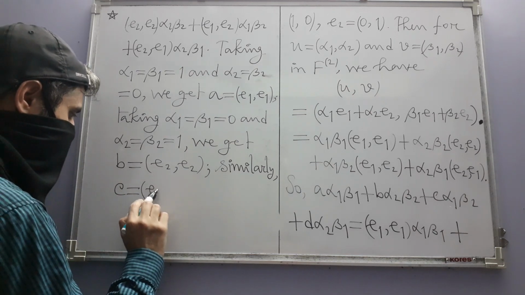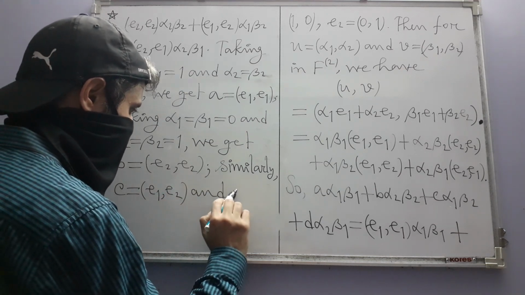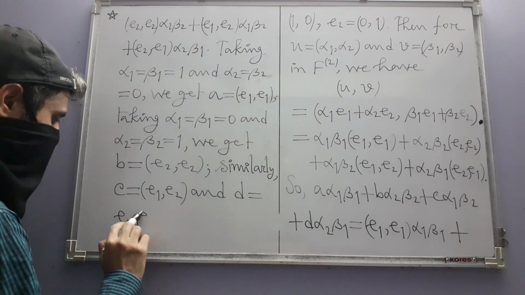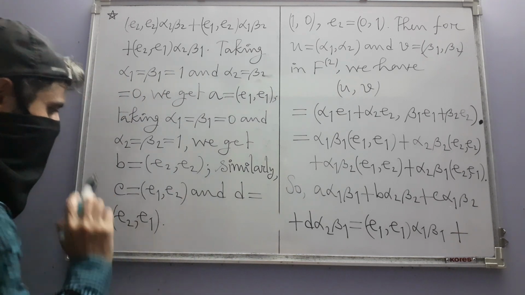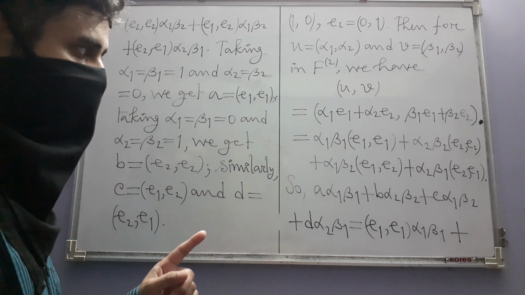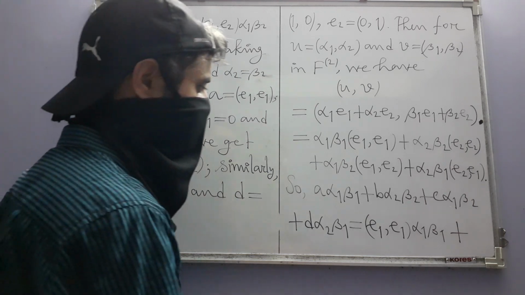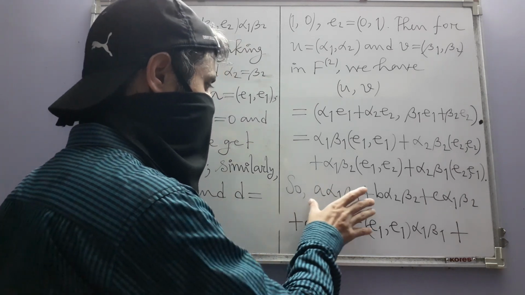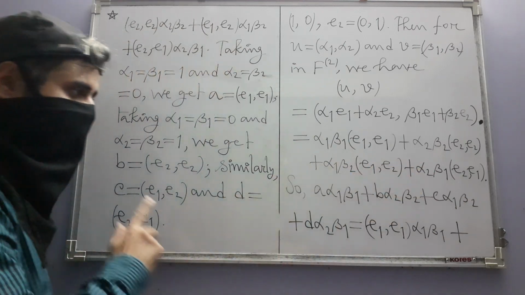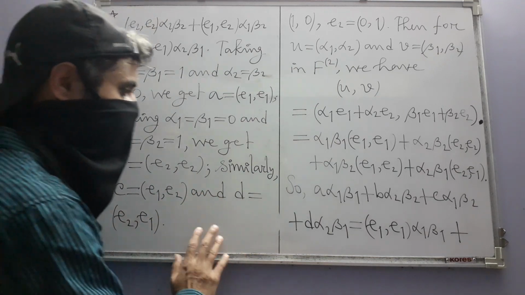C equal to E1 comma E2 and D is equal to E2 comma E1. Okay, note what have we done here? Let us summarize. The function originally is already given in terms of A, B, C, D and the components of the vectors.